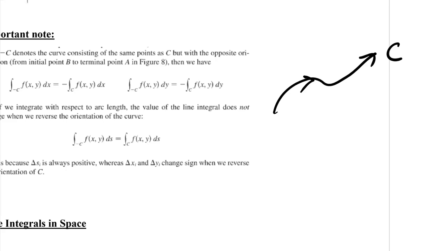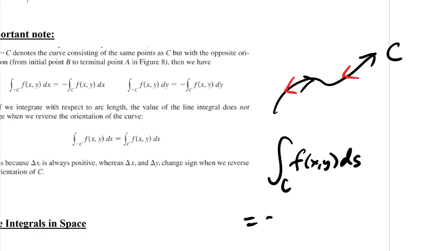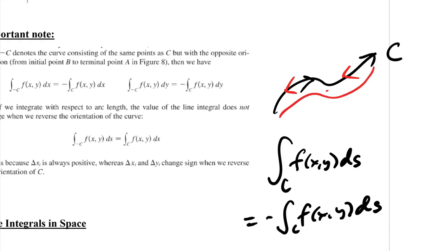If you go the other direction instead, then instead of the integral over C of f of xy ds, it's going to be negative integral over C of f of xy ds. It's going to go in the negative direction. We call that direction negative C, if you will. So this direction here will be negative C.